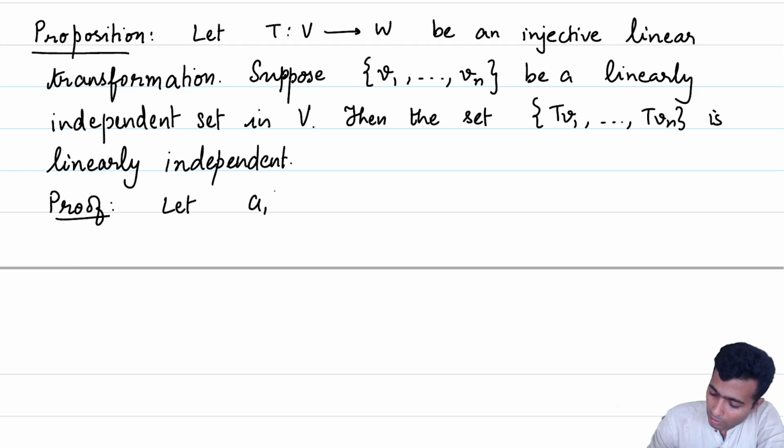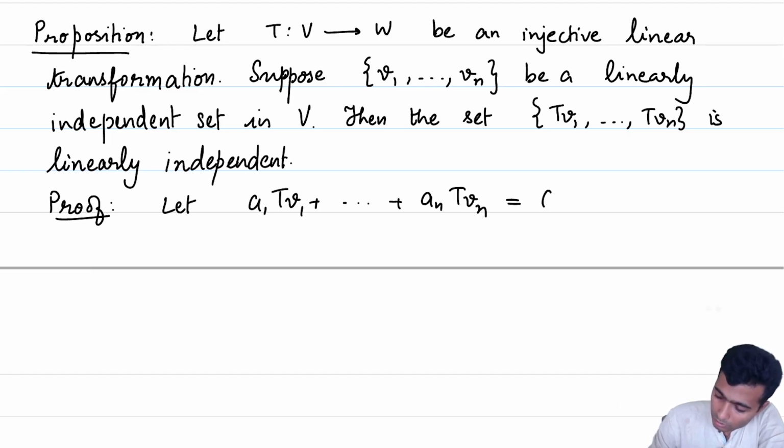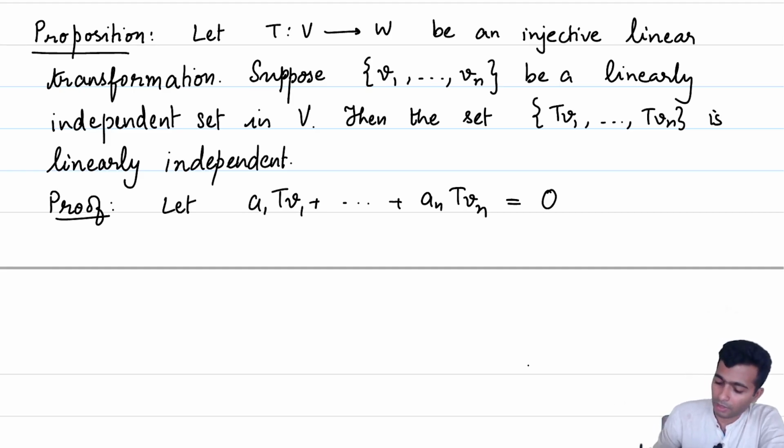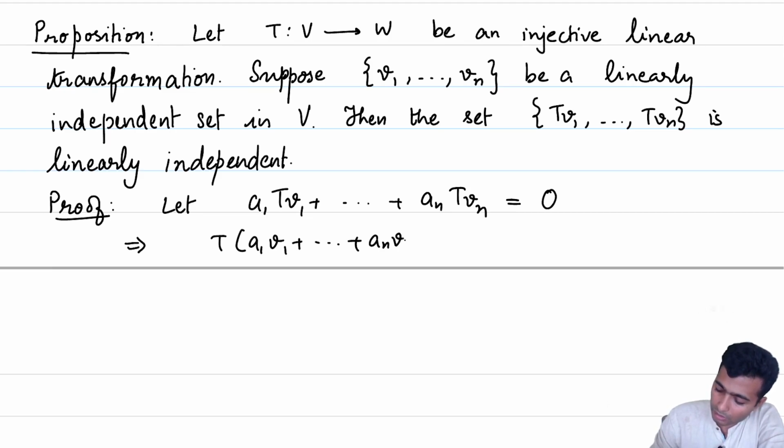Let a1 Tv1 plus ... plus an Tvn be equal to the 0 vector of W. Remember that Tv1, Tv2 up to Tvn are vectors in W, so this is a linear combination in W. By the properties of a linear transformation, we can write T of a1v1 plus a2v2 plus ... plus anvn is equal to the 0 vector.